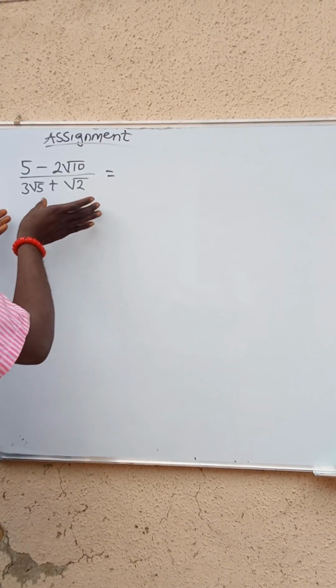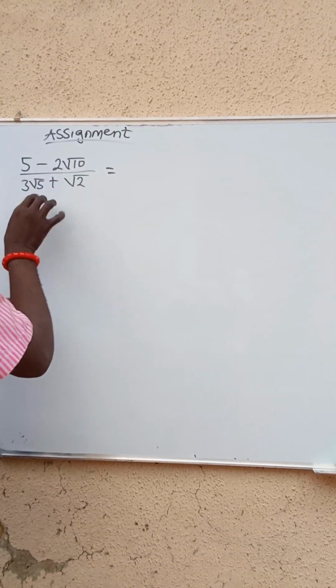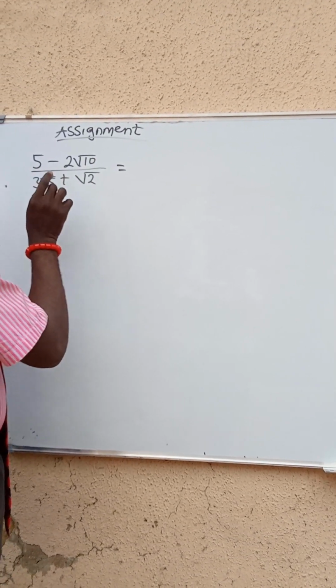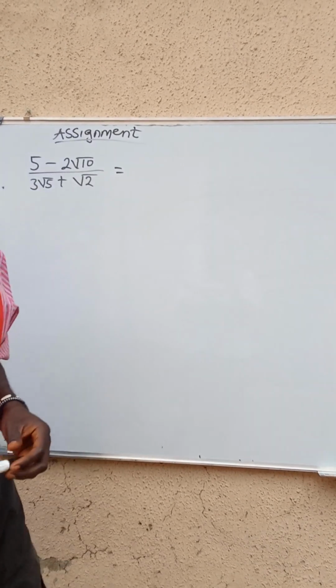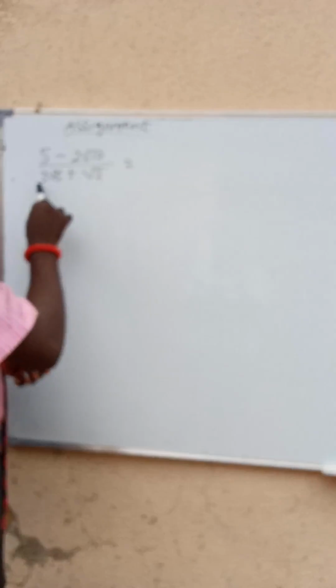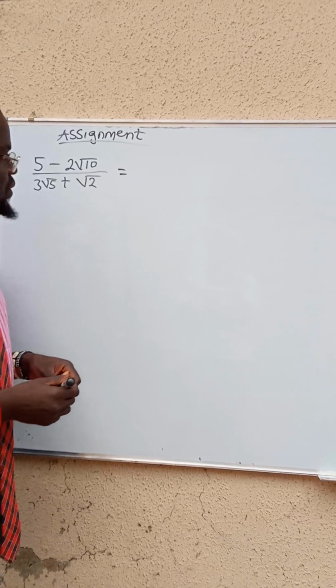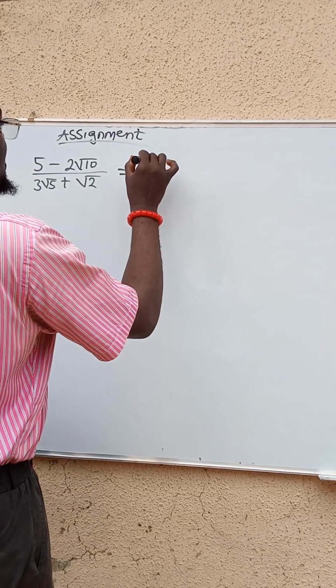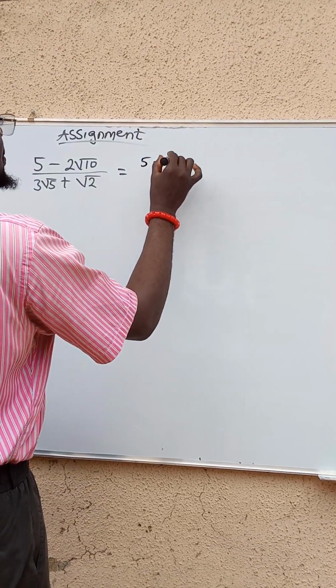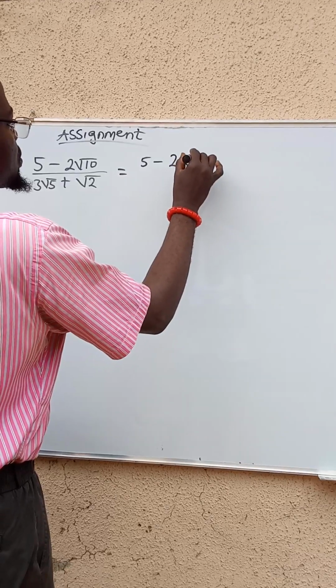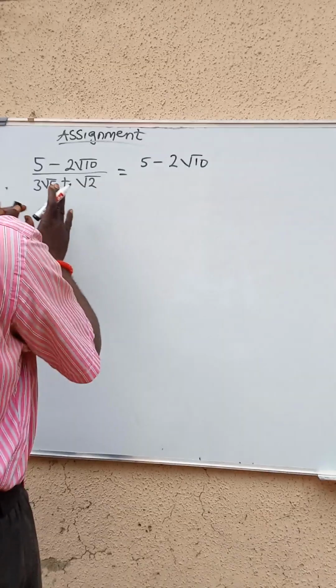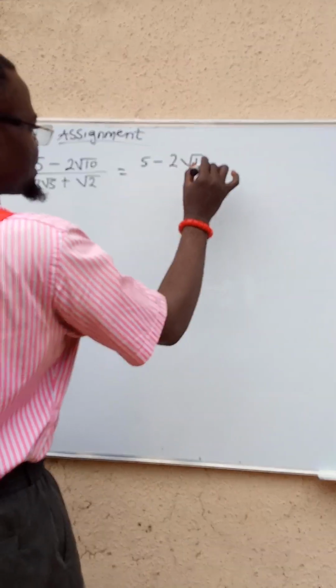Then multiply both the numerator and denominator with the one with minus. That is, change the whole of this. Now look at what I'm saying. This will be 5 minus 2 root 10. This stays as it is.